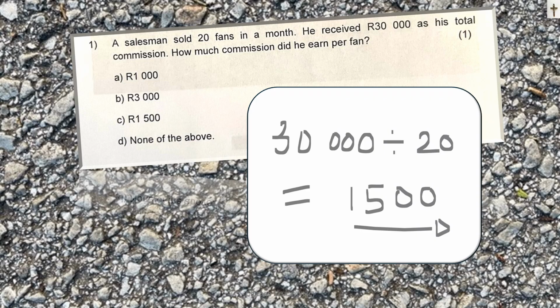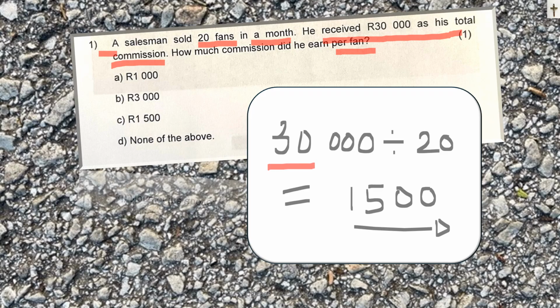So the first question says a salesman sold 20 fans in 1 month. He received 30,000 as his total commission. How much commission did he earn per fan? This is quite an easy one.